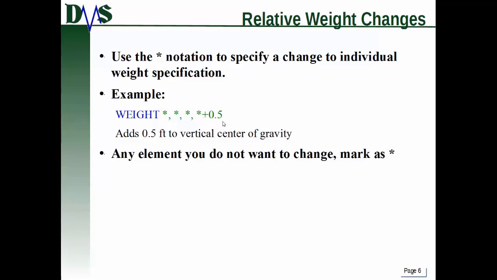Star plus 0.5. So that tells GHS whatever the current VCG is, add 0.5 feet to it. Or maybe 0.5 meters. It depends on what your units are. And that works for anything like that. That could also just as easily have been typed over here to add 0.5 feet to the LCG.